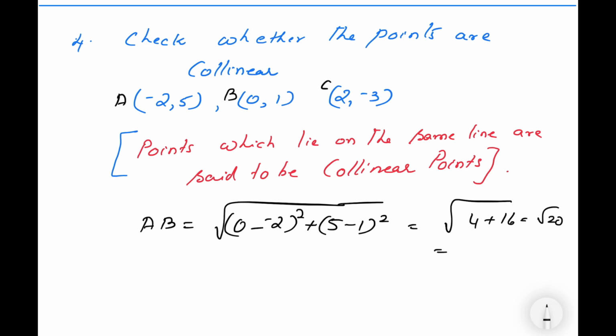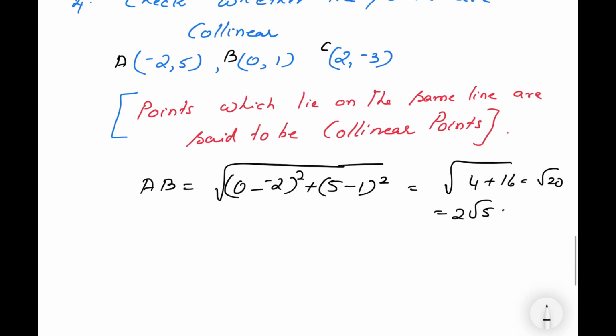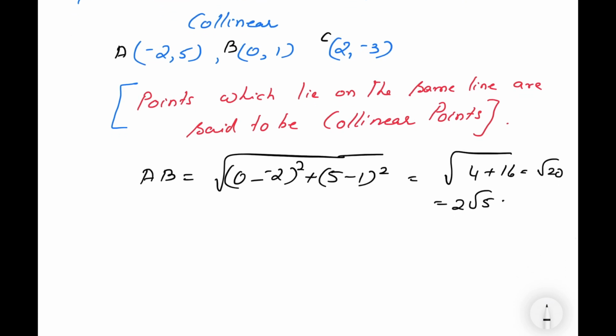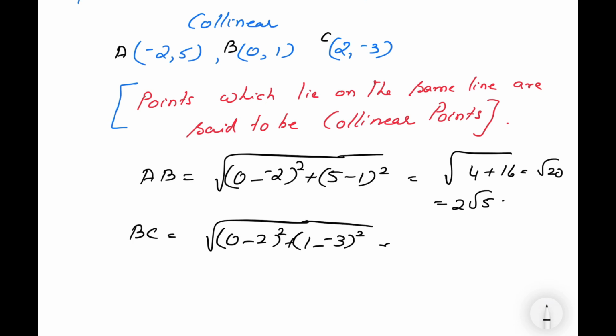I will write this root 20 as 4 into 5, it will become 2 root 5. Then BC is equal to root of (0 minus 2) the whole squared plus (1 minus minus 3) the whole squared, 4 plus 16, equal to again root 20, which is 2 root 5.